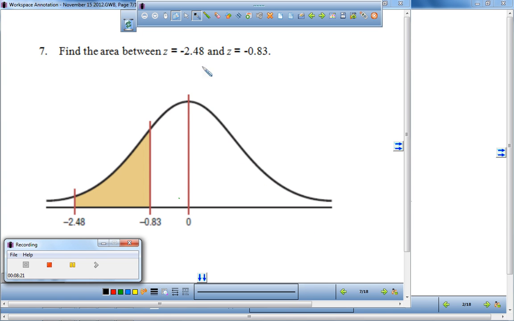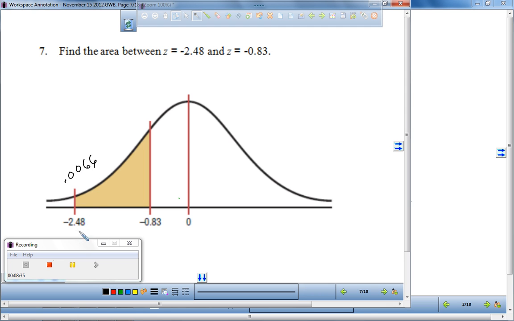Alright, here's another example of when the area we're looking for is between two z-scores. So we go to the z-table and look up our z-scores, the tabled values, and we get 0.0066 for negative 2.48 and 0.2033 for this one.